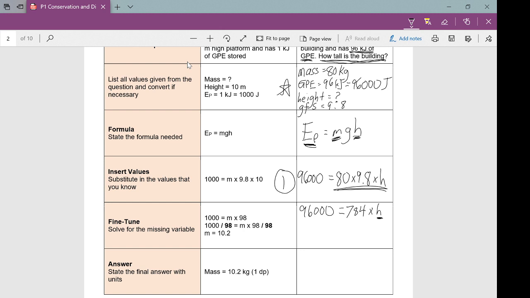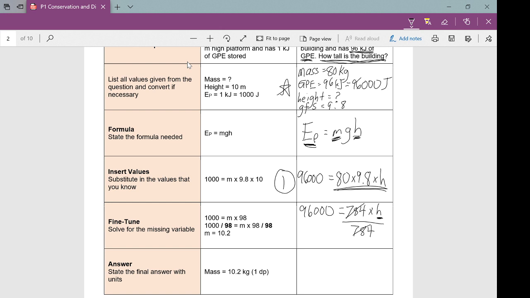What's the opposite of timesing by 784? Divide. Spot on. So I'm going to divide by 784. This is just like you do in maths now. And because I have 784, they cancel out, don't they?